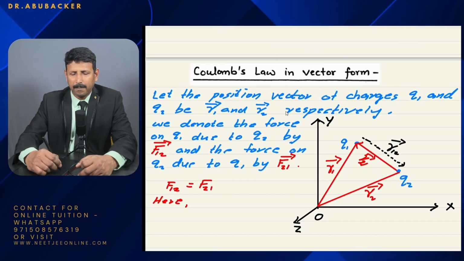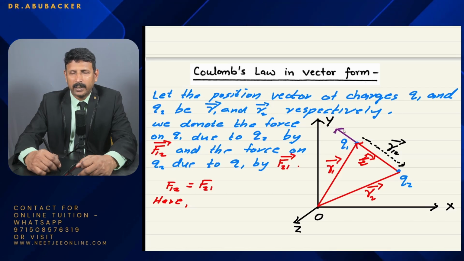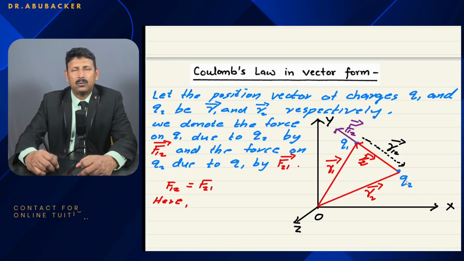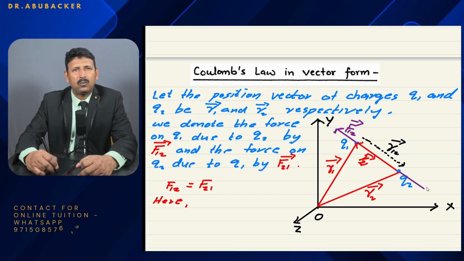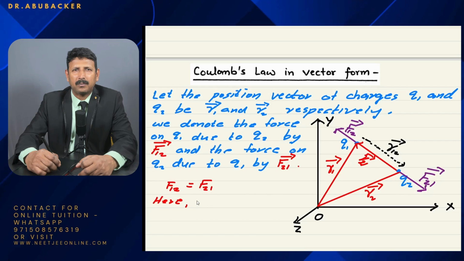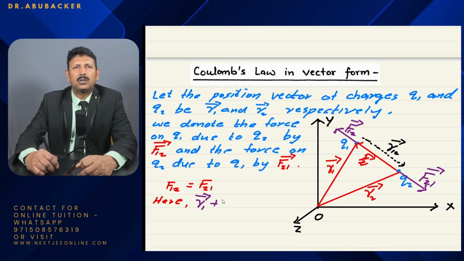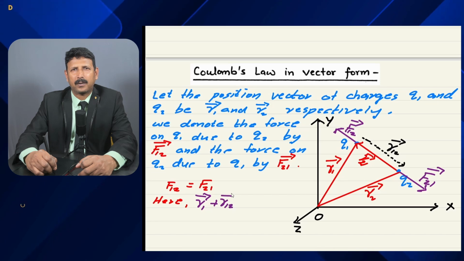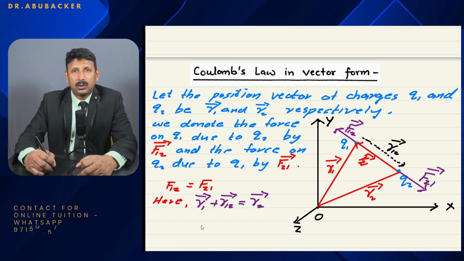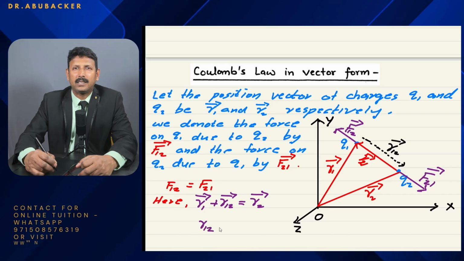If you look into the diagram and vector addition, you will understand that vector R1 plus vector R12 is equal to vector R2. Also you can write from there, vector R12 is equal to vector R2 minus vector R1. Left to right we can say that through R1 we reach there.